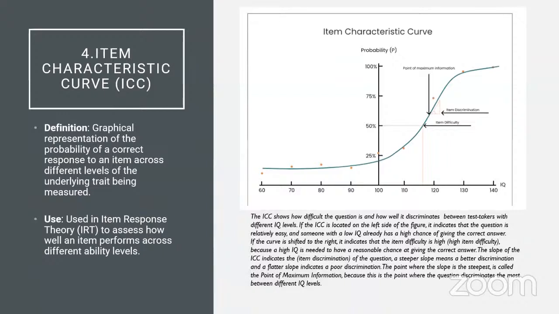So that is possible, that is by more than 50% of the people. Now this is the item characteristics curve. It follows an S pattern.